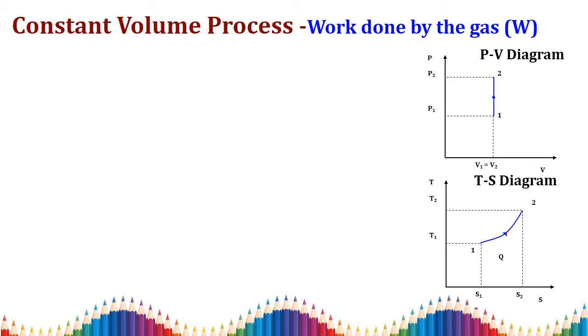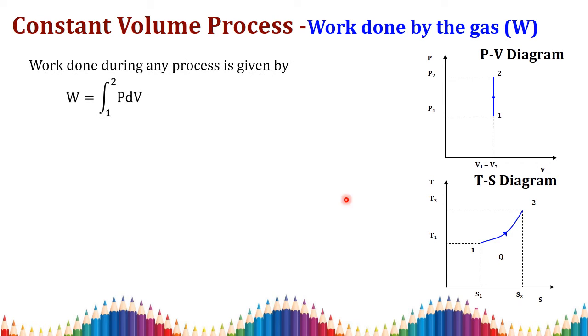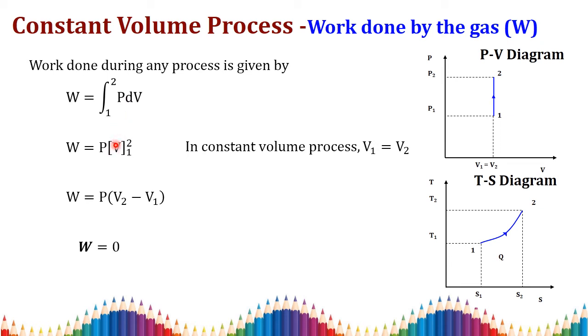Next, we need to define the work done by the gas. As I already told, the work done is nothing but the integral of P dV for any process, pressure into change in volume. When you integrate this, P is constant, so the integral of dV is V, with the upper limit of 2 and the lower limit of 1.